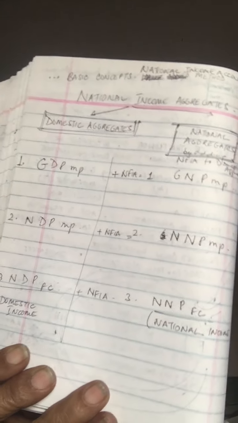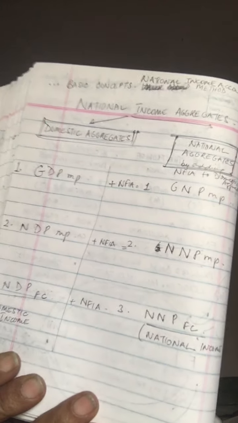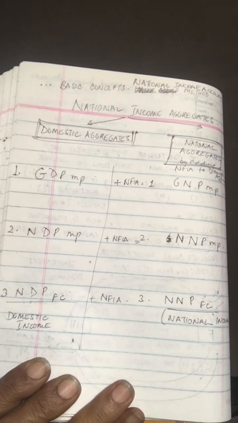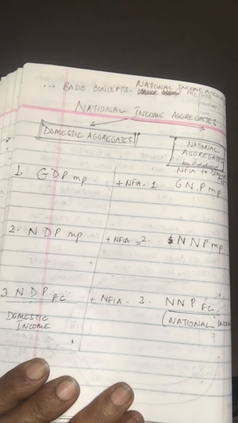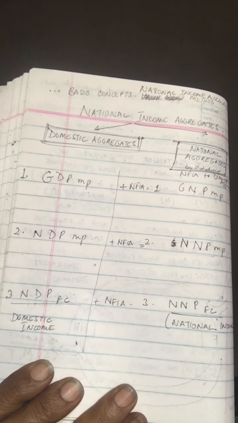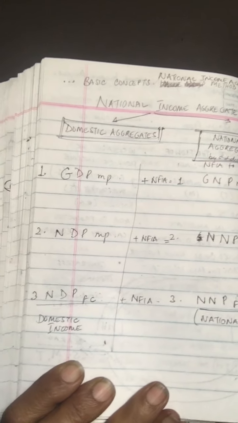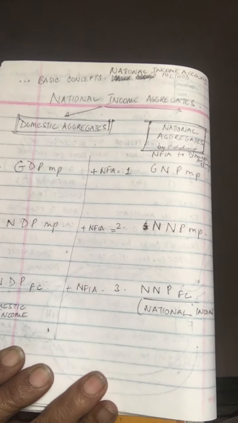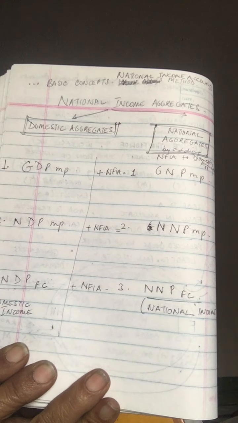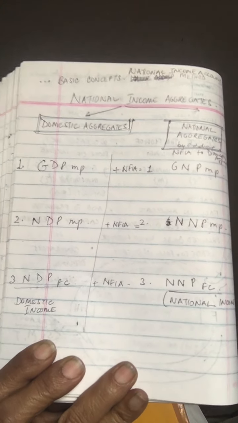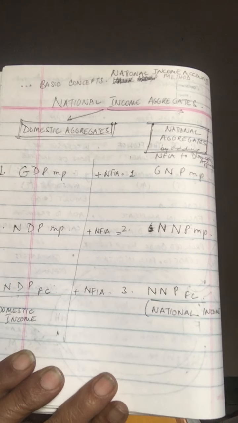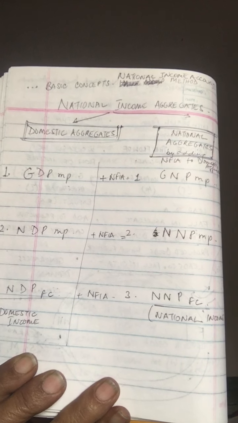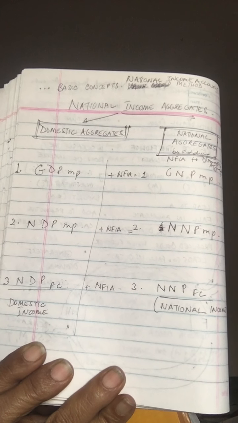And let me just tell you, so again, what is national product then? National product includes production activities of residents, irrespective of whether performed within the economic territory or outside it. So here we are talking about the territory, inside or outside the territory. And there we were talking about residents. In the domestic product, if you understand this, it becomes very simple.